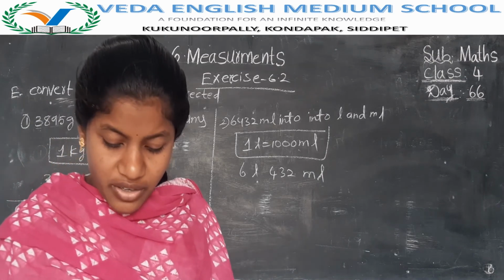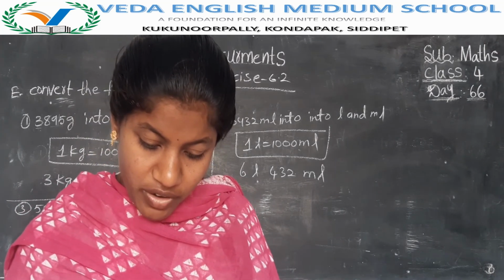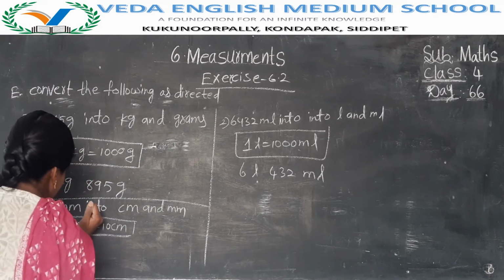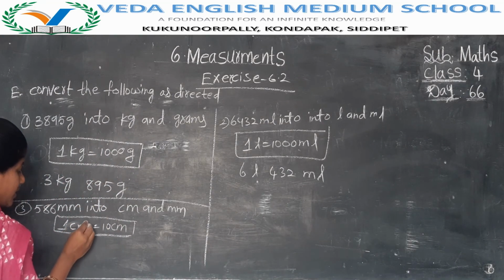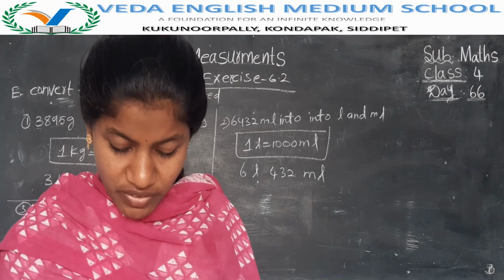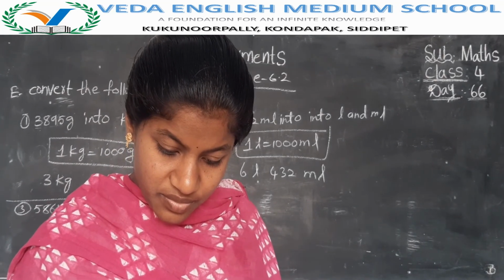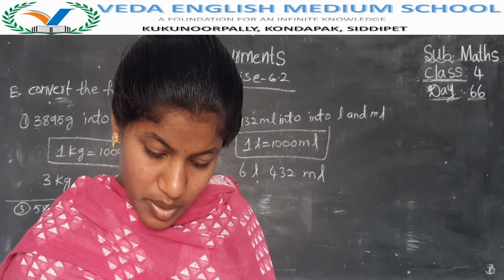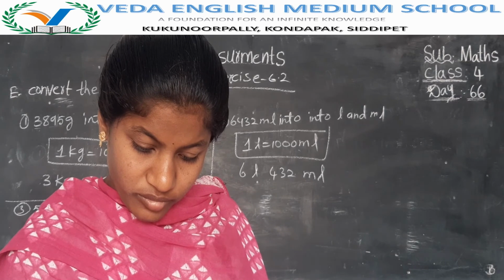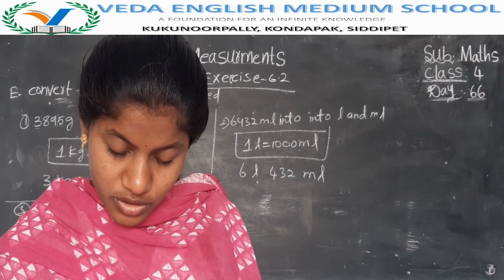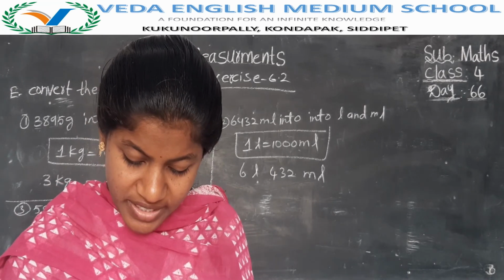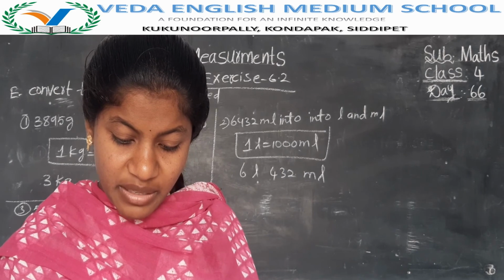So what you have to say? 1 centimeter is equal to 10 millimeters. So based on this we have to convert. 586 millimeters into centimeters and millimeters.